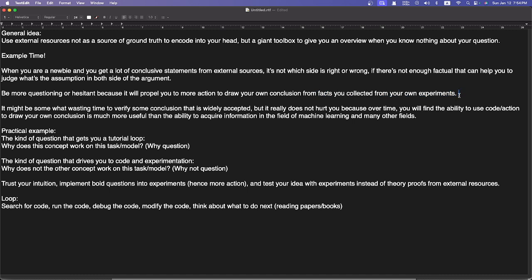And that is why I believe any attitude or heuristic that will propel you to more action, which means more coding and more experiments, is eventually going to benefit you. In the beginning, it might seem like wasting time because, in the case of early stopping, it's applied almost everywhere.